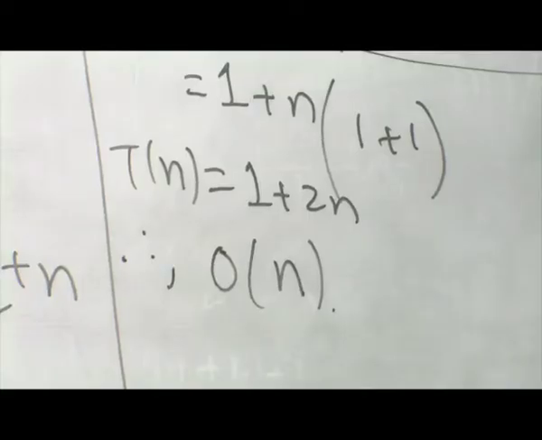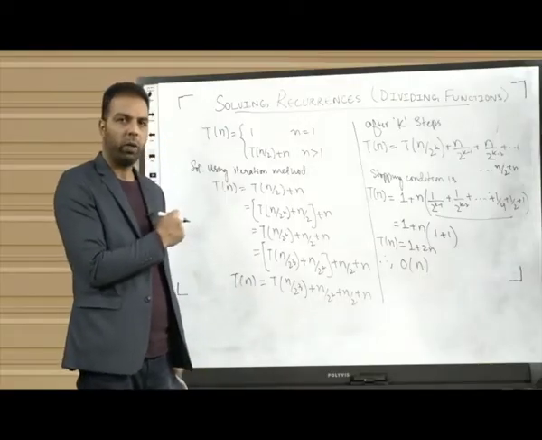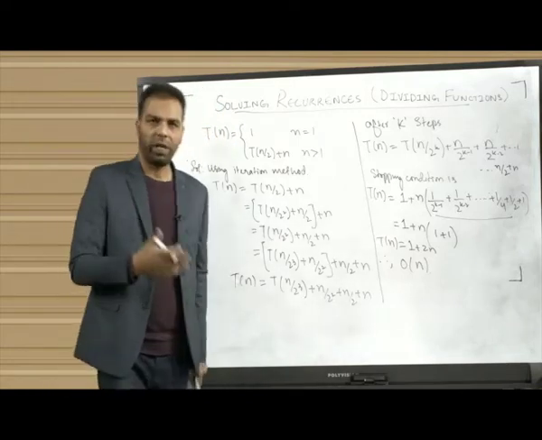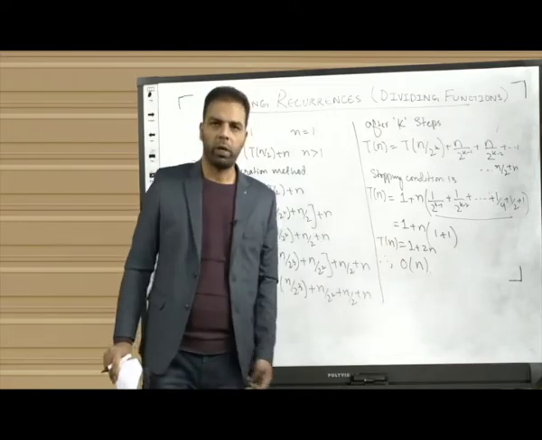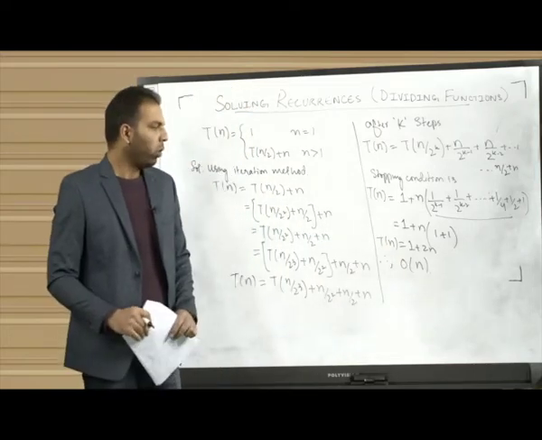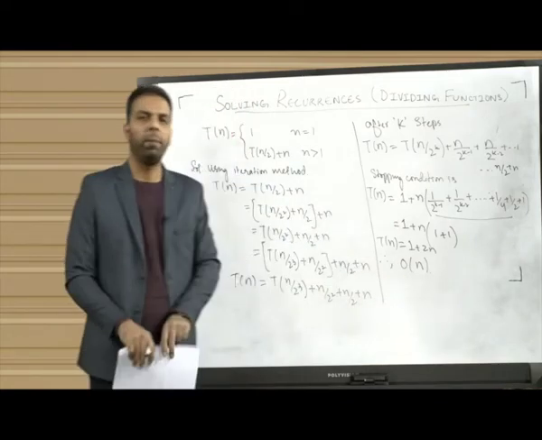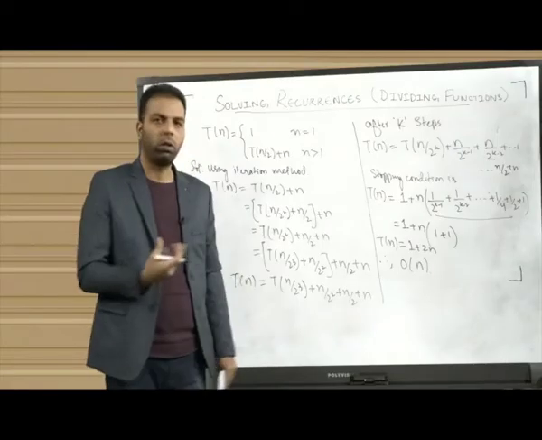So this is the exact same result that we got in terms of the recursion tree. Okay. So you can see that when we solved it using recursion tree, we got T of n equal to n, but here we got T of n equal to 2n plus 1. So although the higher order term is again n, the order is the same, but when you solve a recurrence using the iteration method, it's obvious that you will get a closer result.